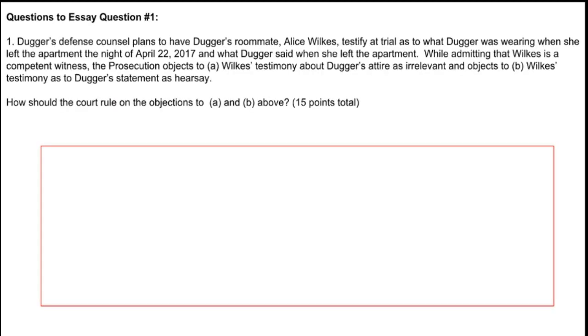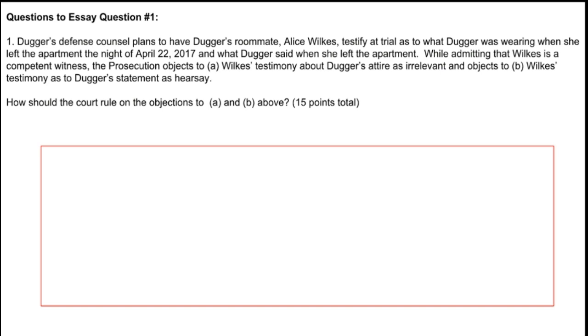So here's an example. This is the 2017 call of the question for essay 1. So this is question 1 for essay 1 in the 2017 exam. This says Duggar's defense counsel plans to call Duggar's roommate, Allison Wilkes, to testify at trial as to what Duggar was wearing when she left the apartment on the night of August 22nd, 2017, and what Duggar said when she left the apartment.